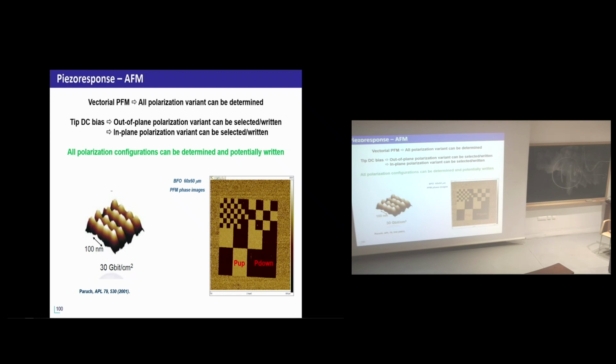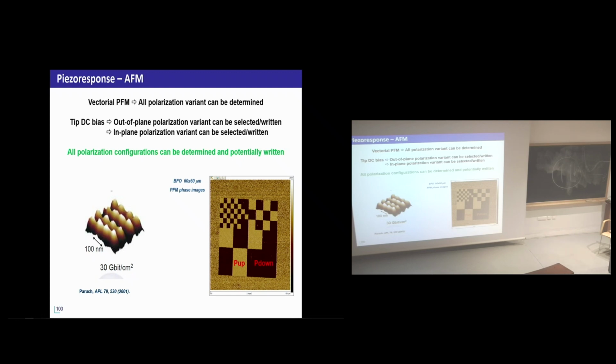Okay, so at this stage, we're able to make vectorial PFM. We can determine all the components of the polarization vector. With a DC bias, you can write the out-of-plane polarization variant. And with a trailing field, with this DC bias, you can even select the in-plane component of the polarization.